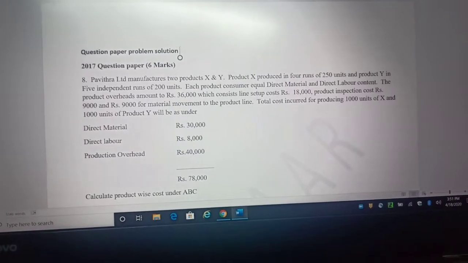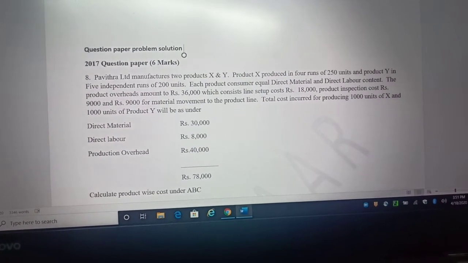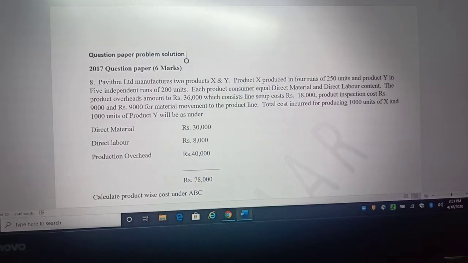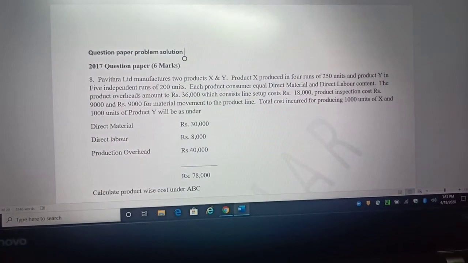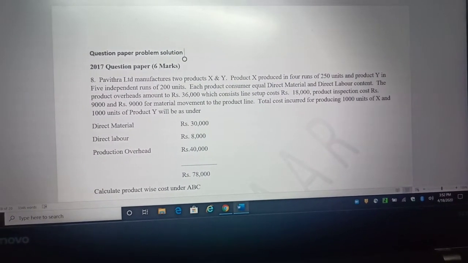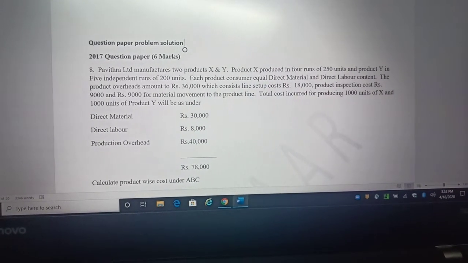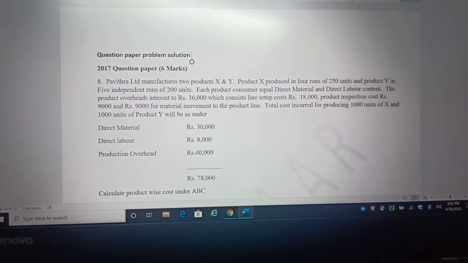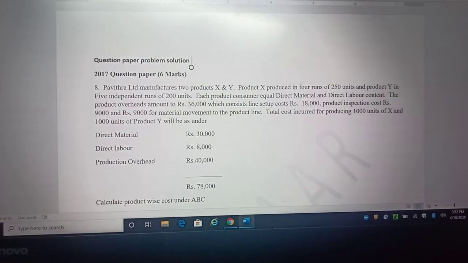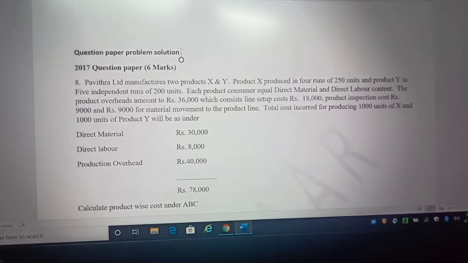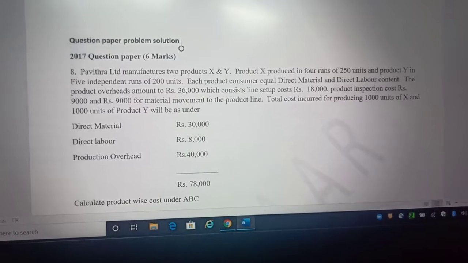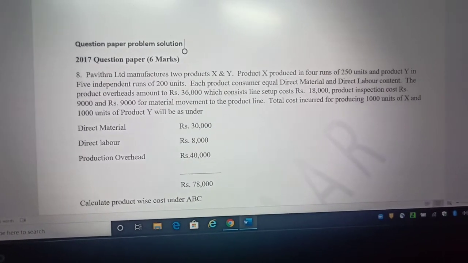The product overhead amounted to rupees 36,000, which consists of line setup cost rupees 18,000, product inspection cost of rupees 9,000 and rupees 9,000 for material movement to the product line. Total cost incurred for producing 1,000 units of X and 1,000 units of Y will be as under.